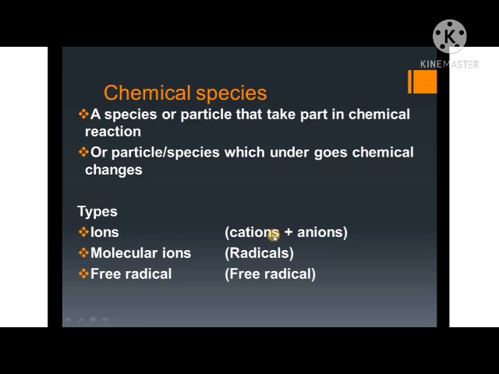One of them is cation and the other one is anion. Similarly, molecular ion, which is also called radicals, we will discuss in the next upcoming lecture video. And the final one is free radical, which will be discussed at the end of this week.